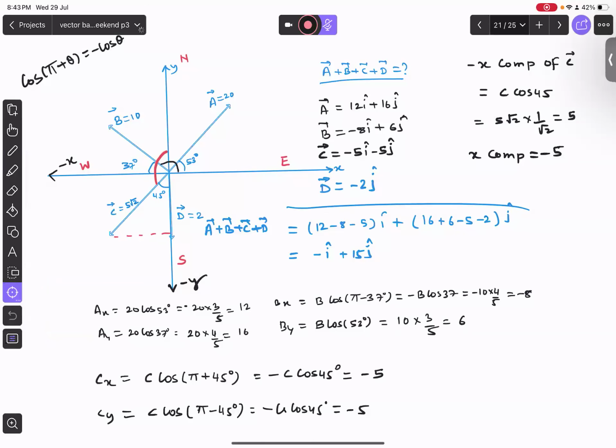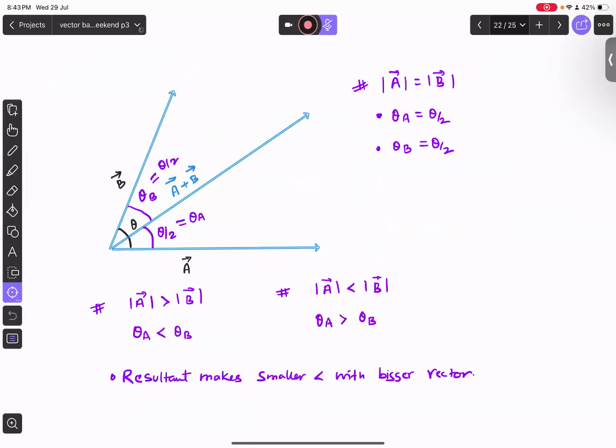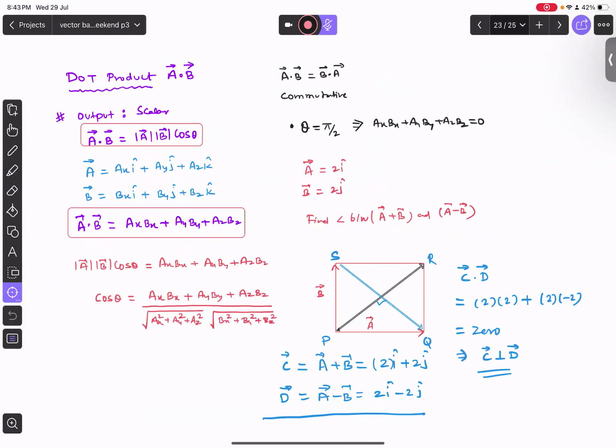If I know vectors in terms of components, I can do vector addition, check whether the angle between them is 90 or not, and find the dot product.